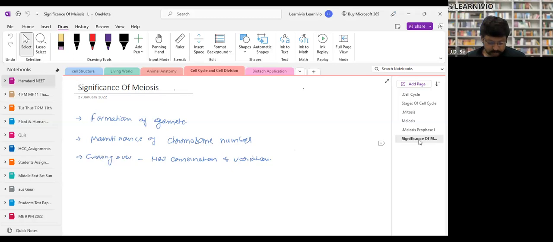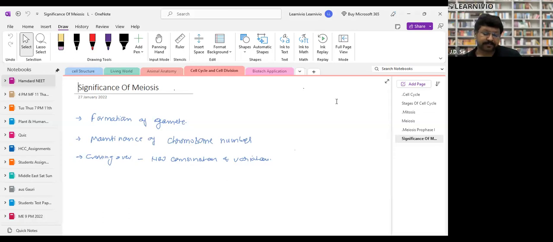First point: meiosis forms gametes, which are important for sexual reproduction.